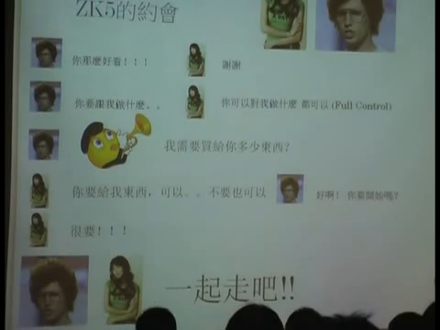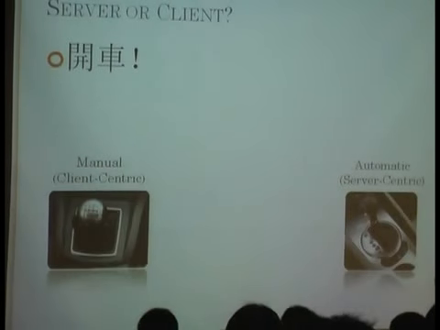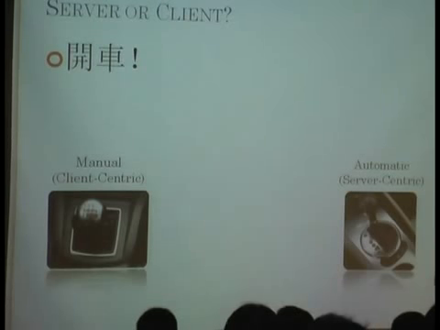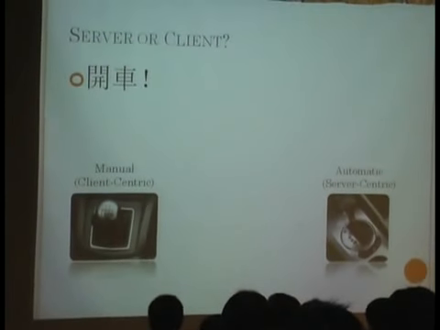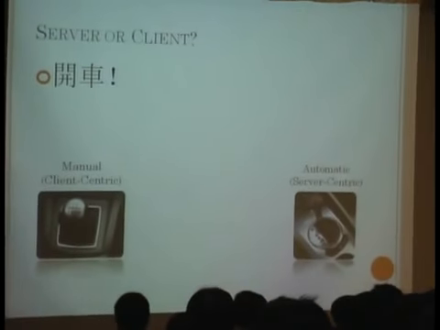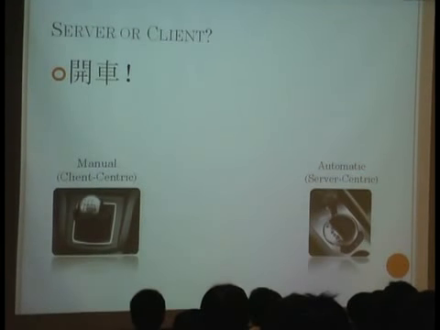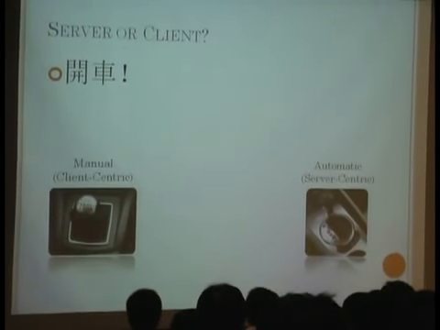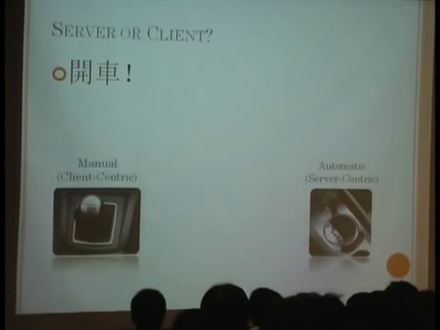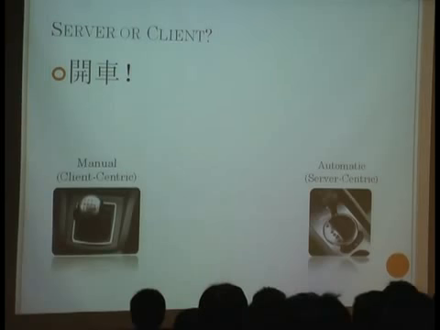So let's take a look. Let's have a recap. Imagine you're driving a car. You have manual and you have automatic. Manual is the client-centric approach. So, manual, full control.